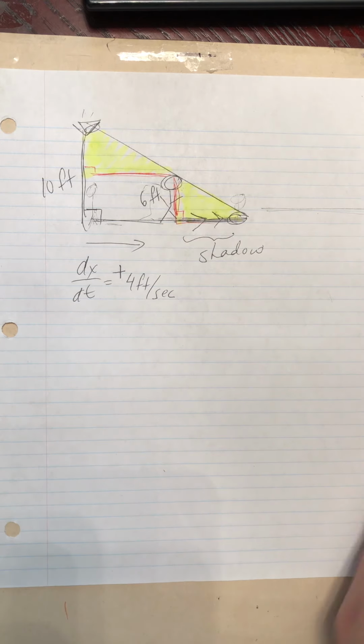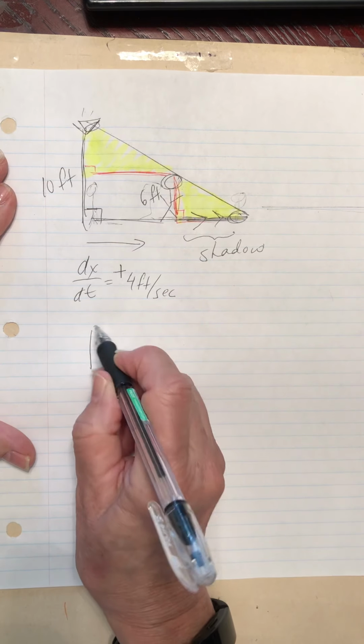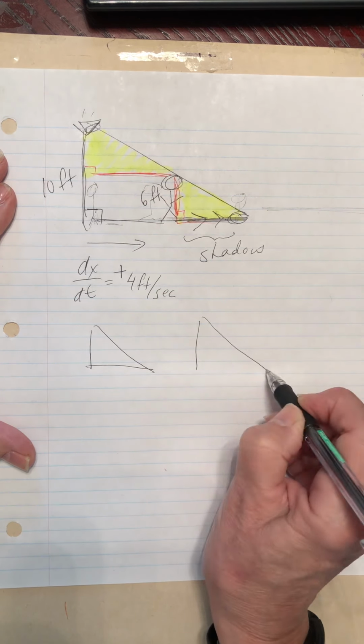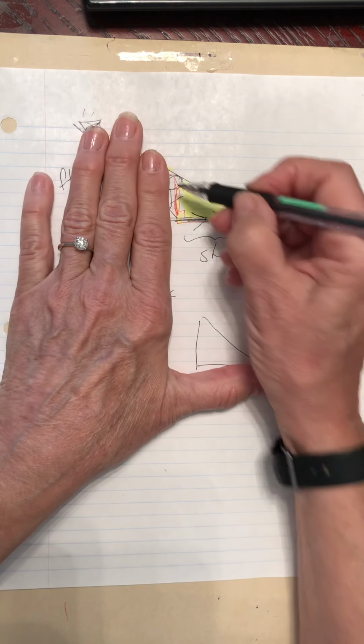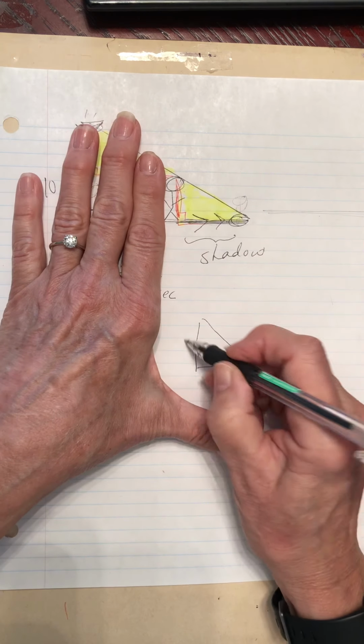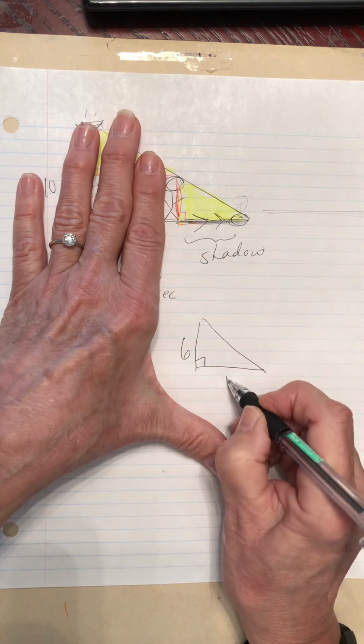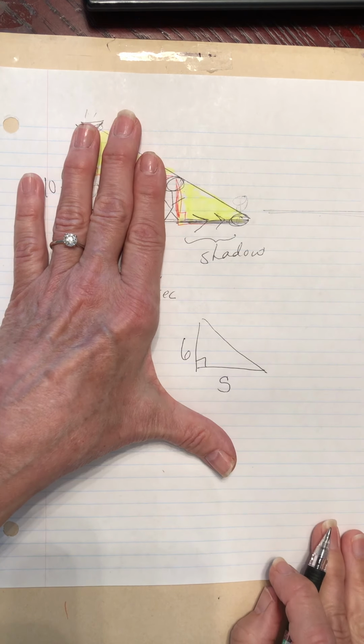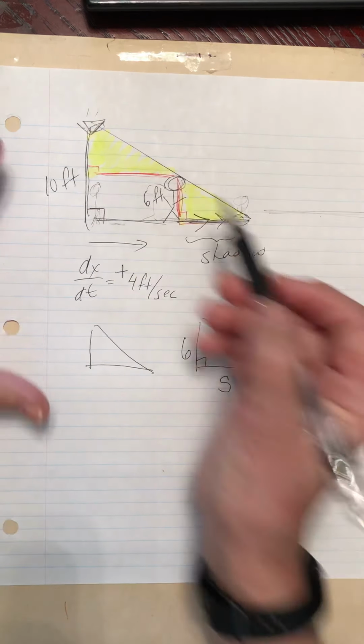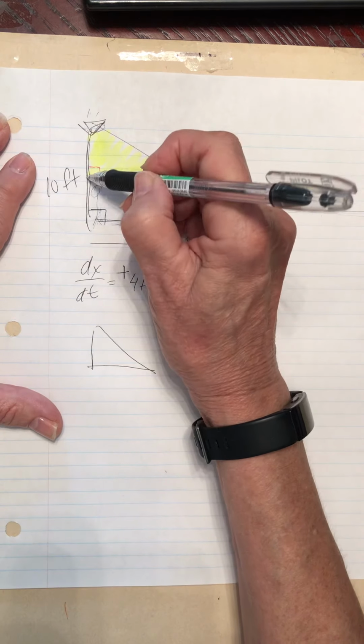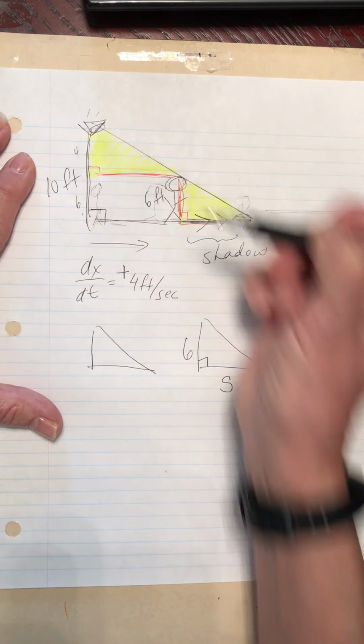So what are my two triangles actually? If I just draw them separately and put on all my scales, or all my numbers, this triangle, this distance would be 6. This is my shadow, so I will call it S. This distance, if this was from here to here, the 6, this must have been 4.